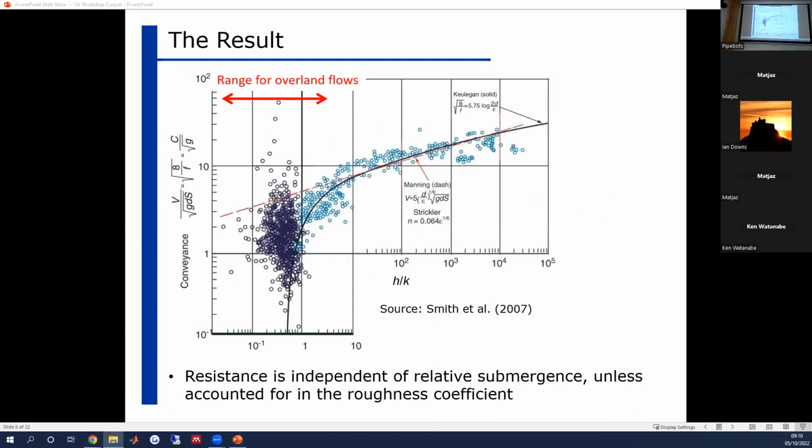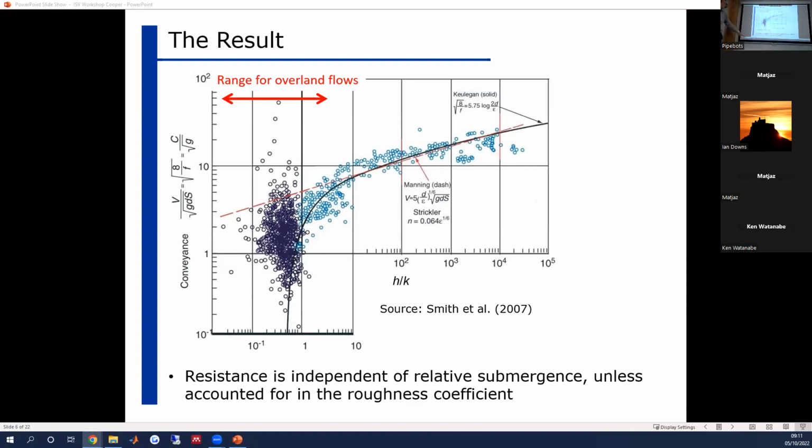What I'm showing you here is the conveyance, the inverse of flow resistance, on the y-axis against relative submergence, defined as the depth of water divided by the roughness height. Now, the dashed red line is the Manning's number, which has been corrected for the relative submergence. And then the curved line is the Keulegan equation for correcting the Darcy-Weisbach friction factor.